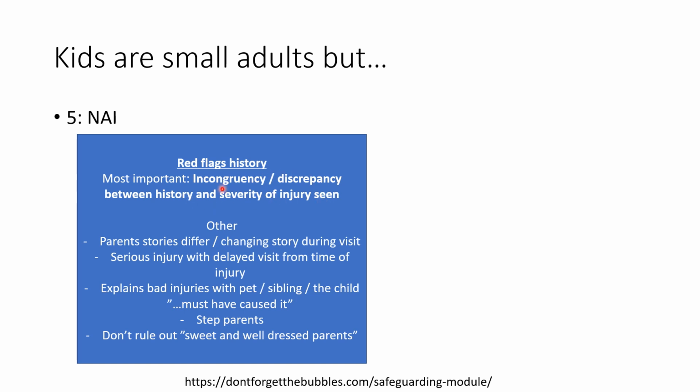We'll see what the more common injuries are and what injury patterns they usually have in the next couple of slides. And if it doesn't really match, then you should have some kind of suspicion, right?